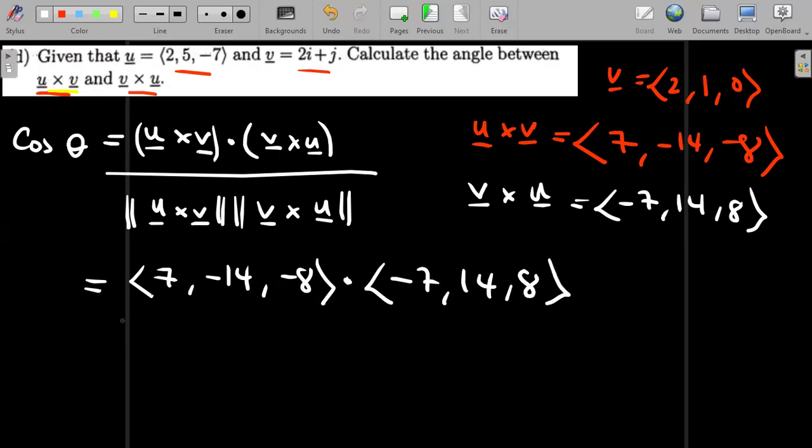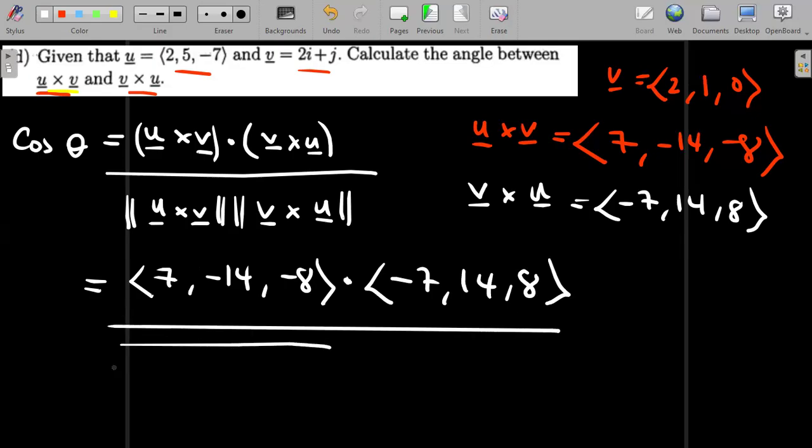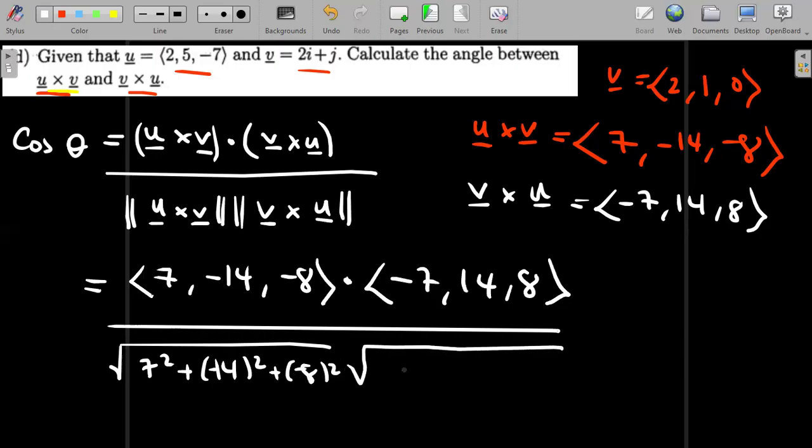Then divided by the magnitude, which is root of 7 squared plus negative 14 squared plus negative 8 squared, and for the other vector, negative 7 squared plus 14 squared plus 8 squared.